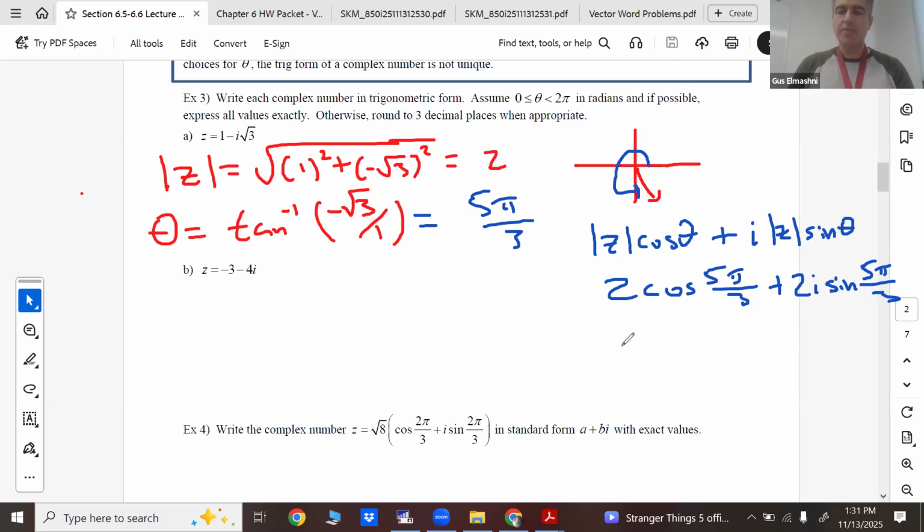I can factor out the 2. Right, like this. Or I can also write like this too.